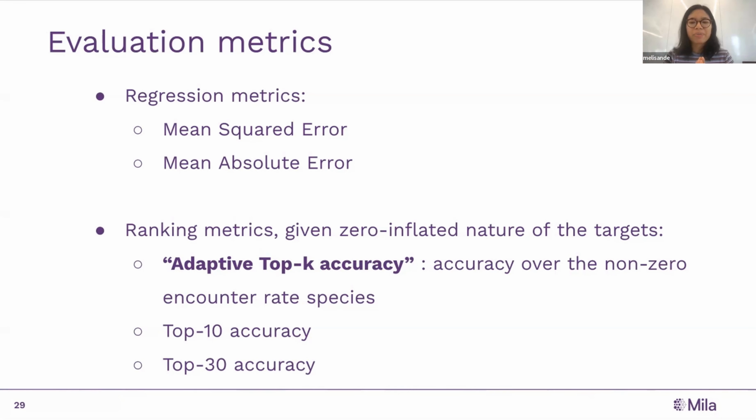It's basically saying if I have 5 species in my ground truth, then I'm going to look at the 5 top species predicted by my model, and see how many of those are actually present in the ground truth. We also looked at top 10 accuracy and top 30 accuracy, but the adaptive top K is more interesting because in some locations, you might not even have 30 species.